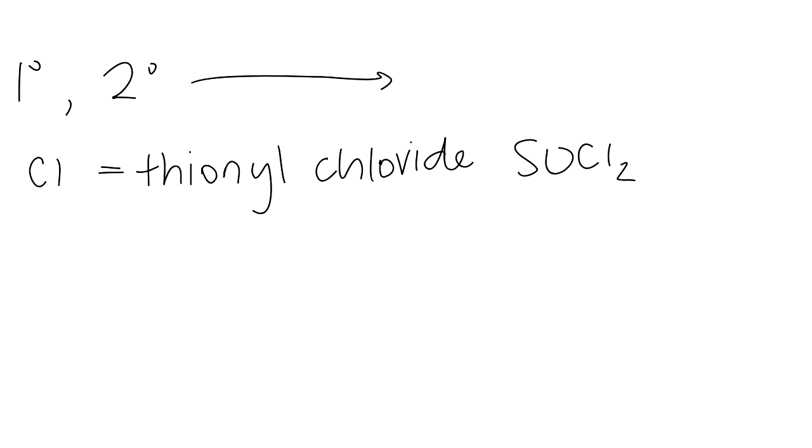Our other products for this reaction will then be sulfur dioxide and hydrochloric acid. So again, once you make your product, all we're doing is kicking out our OH and adding a chlorine in there. But the other products we will make are SO2 and HCl. If we want to end up with a bromine, we are going to add phosphorus tribromide.